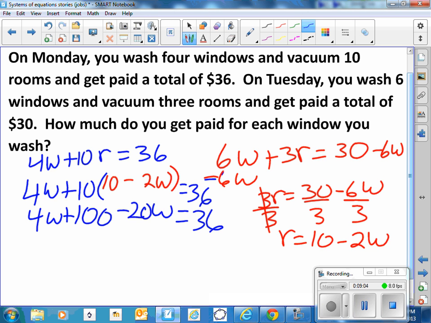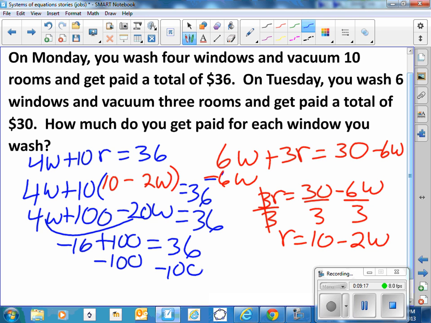Combining like terms. 4 minus 20, negative 16. Subtract 100. That is negative 64.